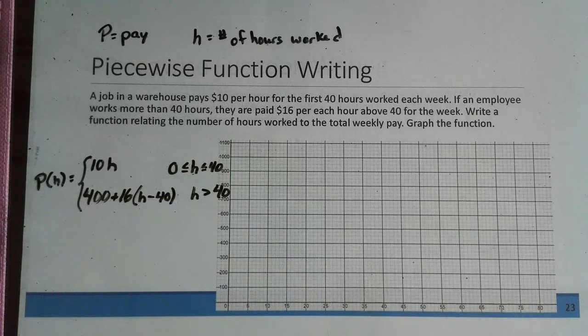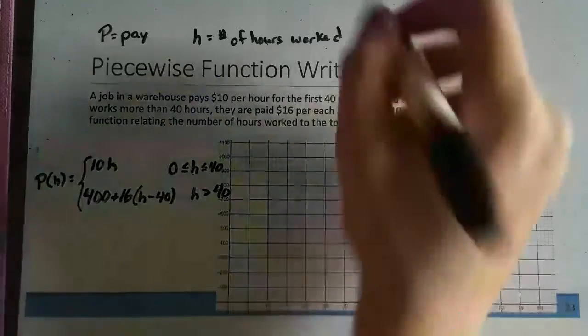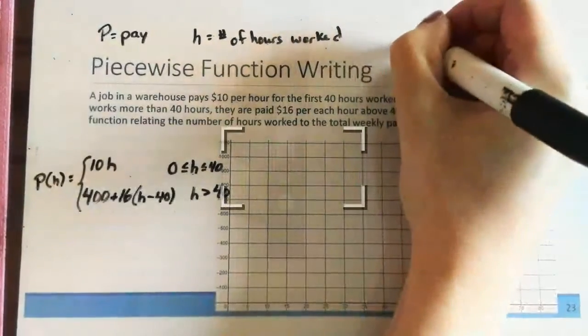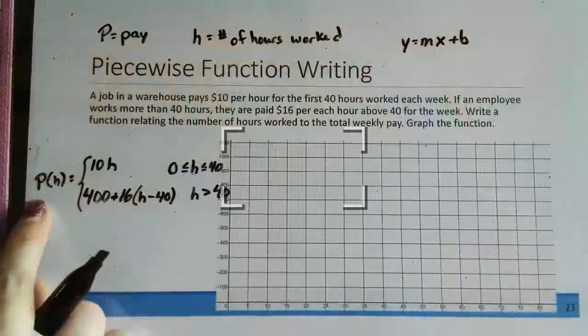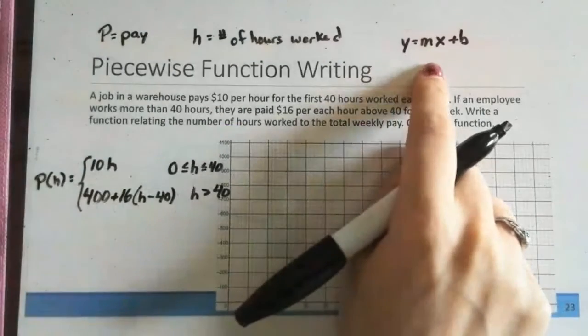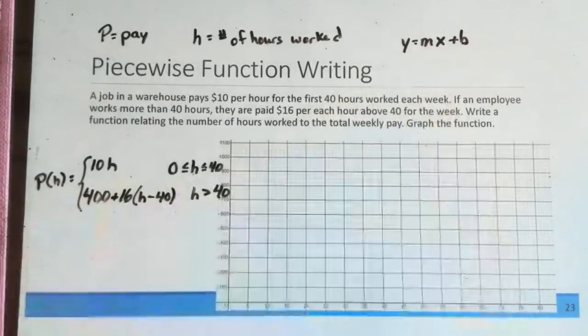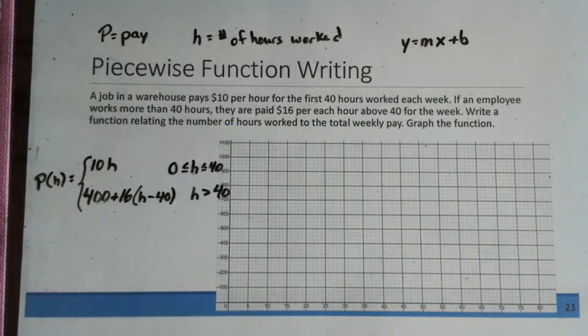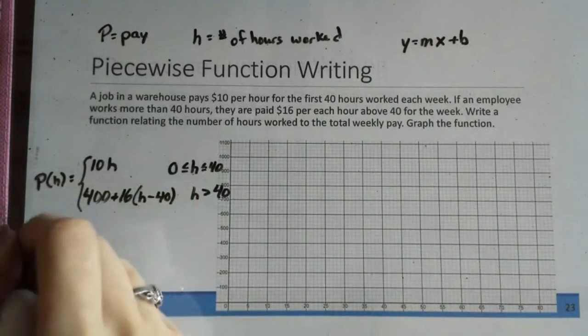Now we want to graph this thing. 10h, that kind of reminds me of the form y equals mx plus b. So P of h is like our y, 10h is like our mx. So this is just a linear function, meaning it's a line. So if I can find 2 points on this line, I'm going to be able to graph that.